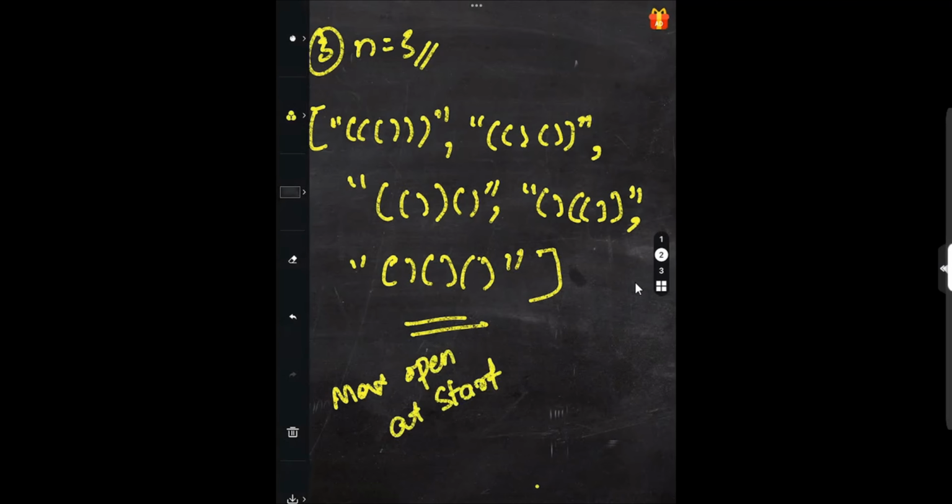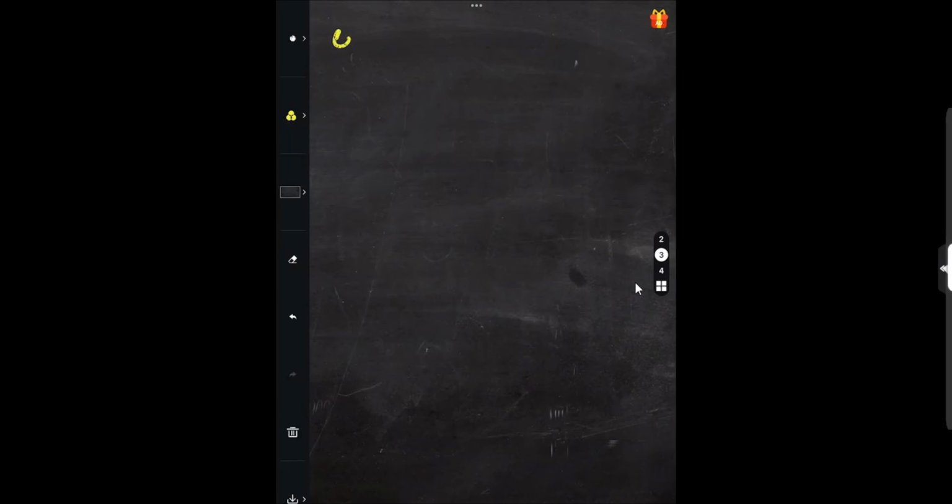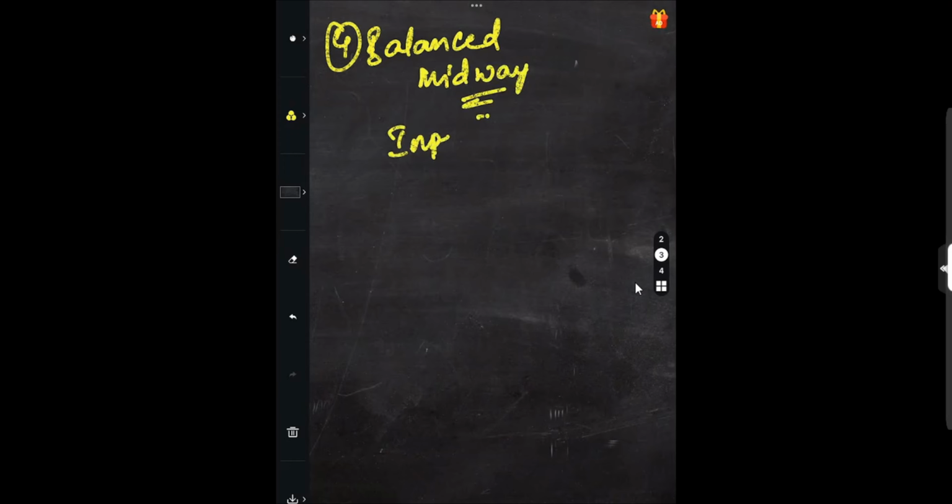Let's move on with the fourth edge case. This is for balanced midway. While I say balanced midway, let me consider input n equals 3 itself, the previous one. This must include basically this one. The output will be this one.